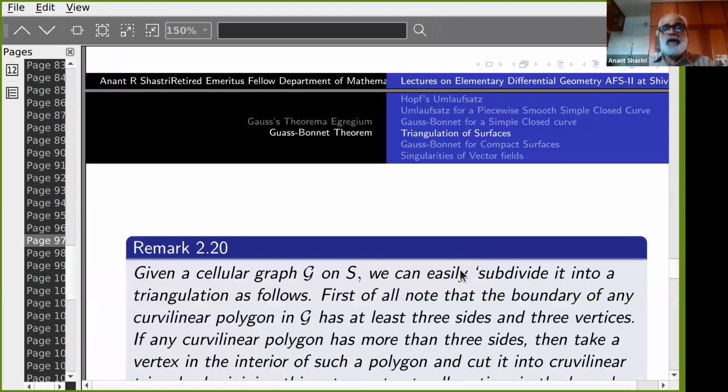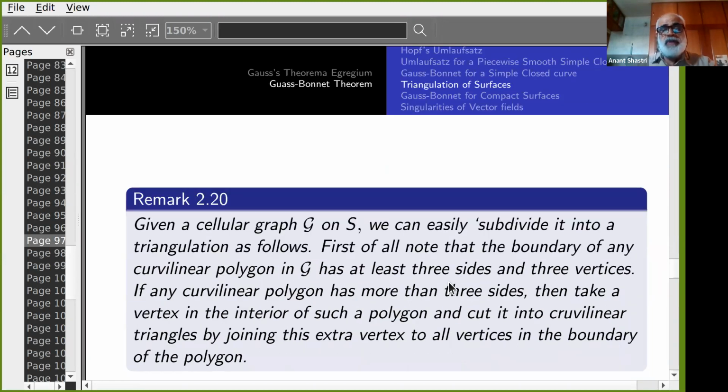Given a cellular graph G on S, we can easily subdivide each of the cells into a triangulation as follows. First, note that once we have a cellular graph, the boundary of any curvilinear polygon in G has at least 3 sides and 3 vertices. If this is not the case, you make it so by adding extra vertices.